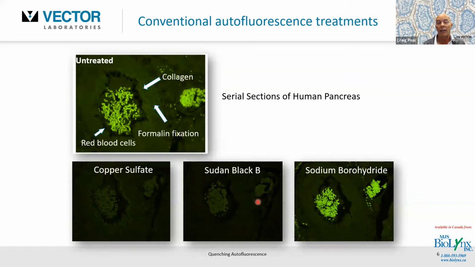Again, not particularly effective against some of these compounds or cellular components. And the sodium borohydride, dreadful to make up, as I mentioned, and really does nothing to quench the autofluorescence from these red blood cells. All right, so some of you may have tried those and experienced some of these phenomena as well. They're not really effective, even though they have been published on by some investigators.